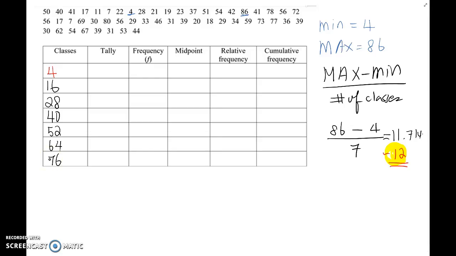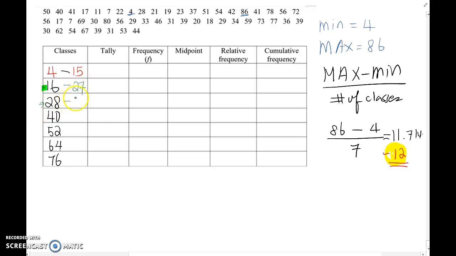Then the upper limit value of each class is always one value below the next class lower limit value. Since the second class lower limit value is 16, the first class upper limit value must end at 15. Then the second class upper limit value must be 27 because the third class starts from 28.